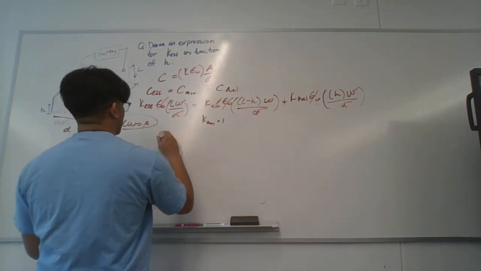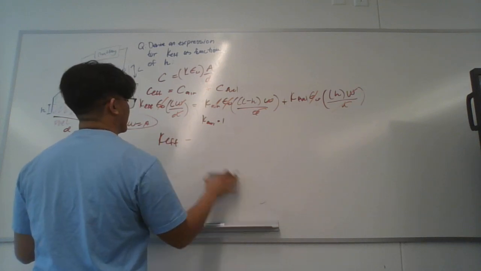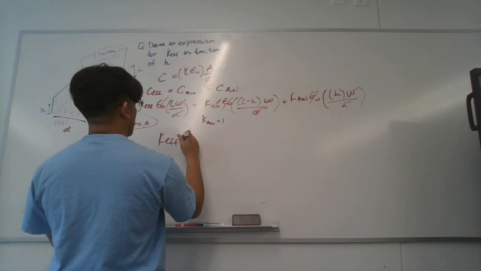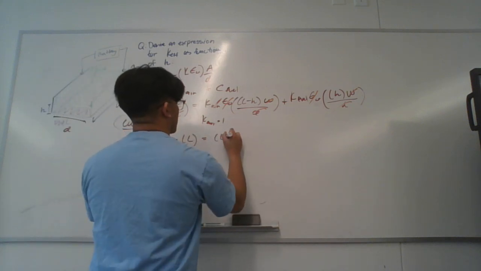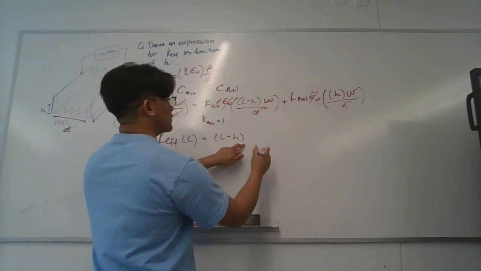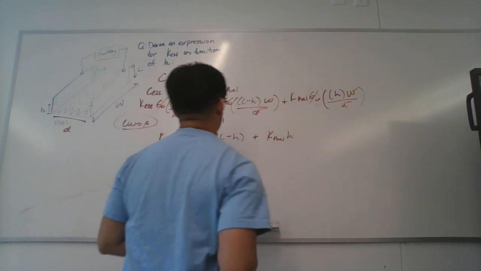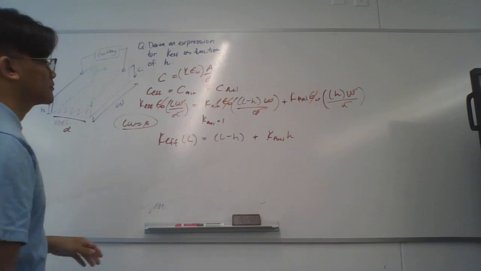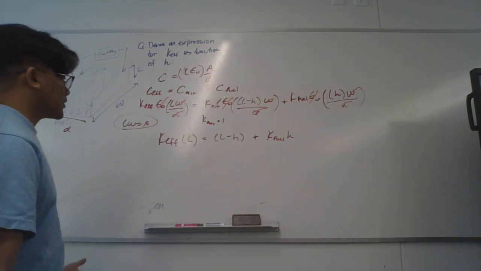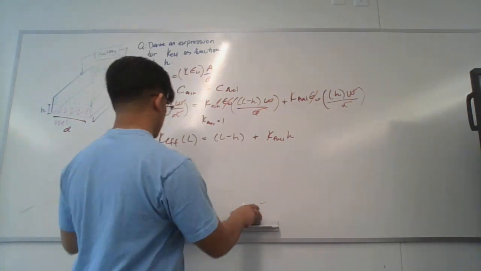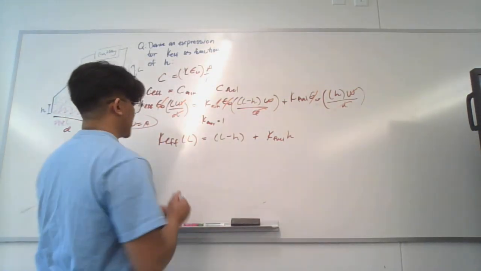So we're going to be left with K effective times L, since we have L here, equal to L minus H plus K fuel times H. Then we can distribute this L to both sides.